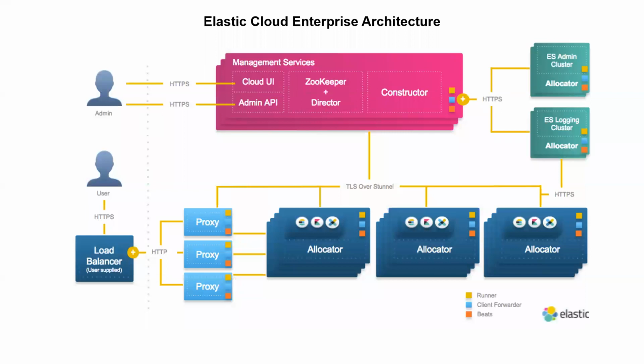Next is the Elastic Cloud Enterprise architecture. This is very important: how the Elastic Cloud architecture has been implemented, and how we use the proxy, load balancer, end user, and admin, and how they are connected with each other. Elasticsearch is very popular, and this is Elastic Cloud Enterprise.